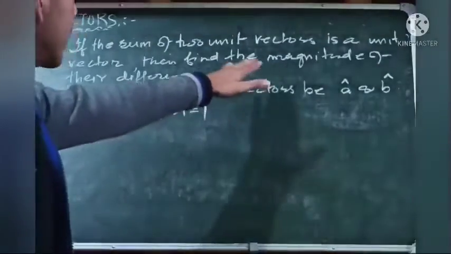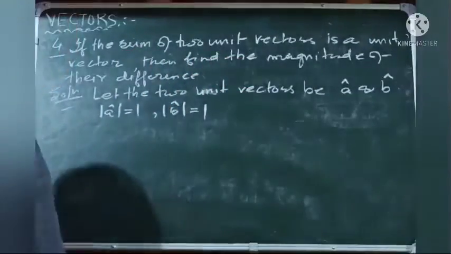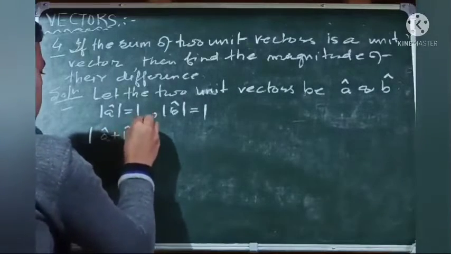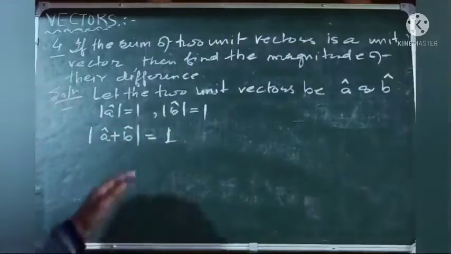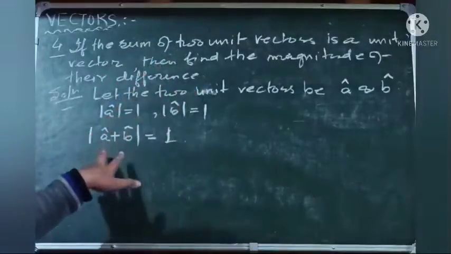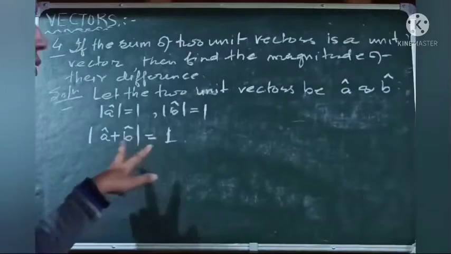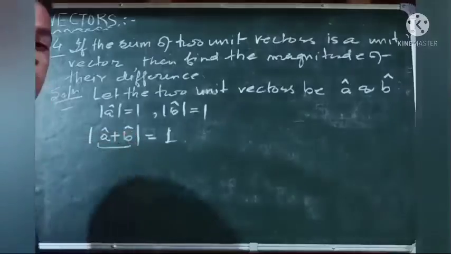Now, we are given that the sum of the two vectors is also a unit vector. Therefore, magnitude of a cap plus b cap is also going to be 1, because the sum of the two unit vectors is a cap plus b cap and it is also a unit vector.